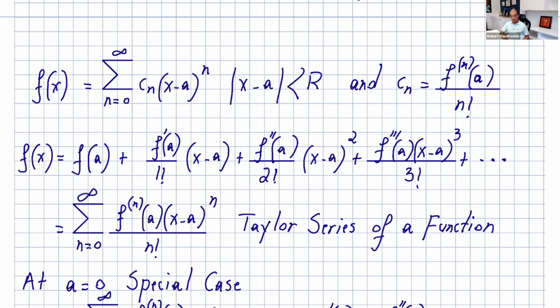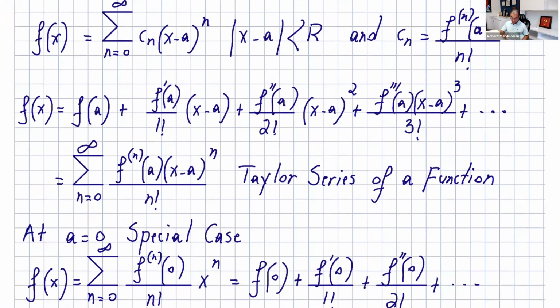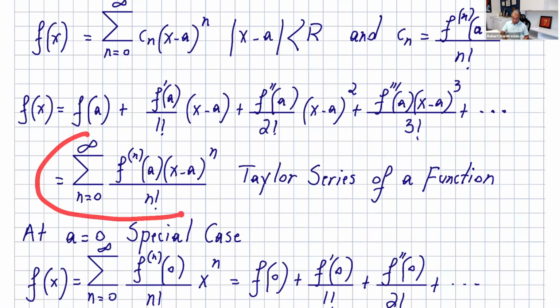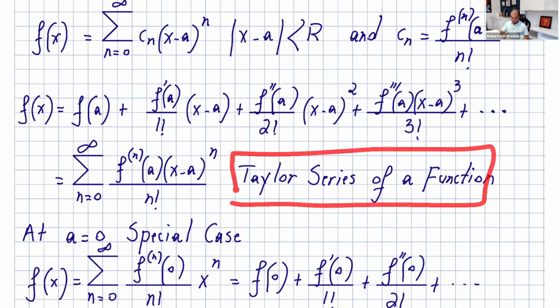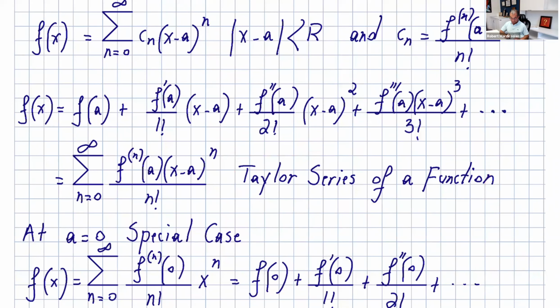So that means that we can write any function as a power series and as a polynomial. Now the general term is written like that, the nth derivative of a times (x minus a) to the power of n divided by n factorial. This is called the Taylor series of the function.